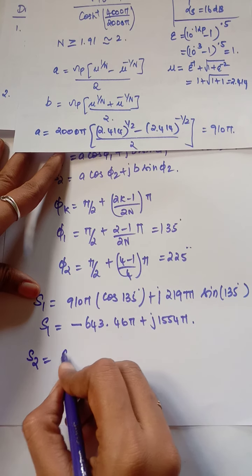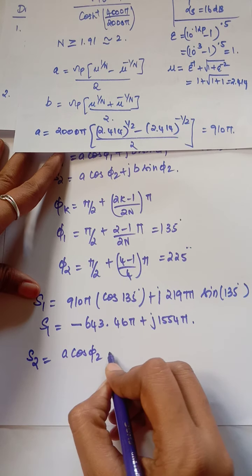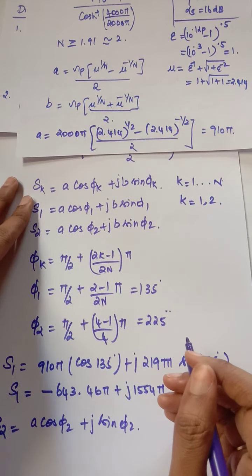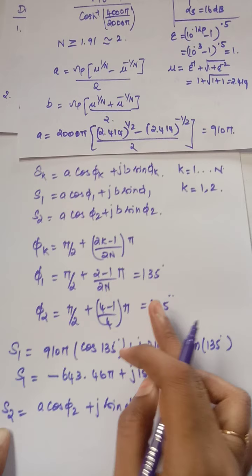So s2 is equal to a cos phi 2 plus j b sin phi 2. And before that we need to find phi 2. We have found out phi 2 here.